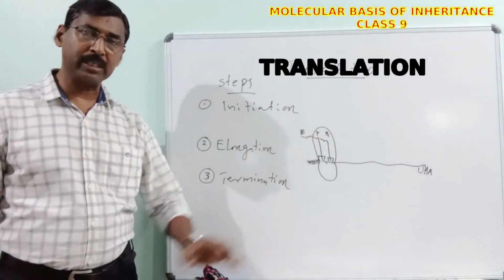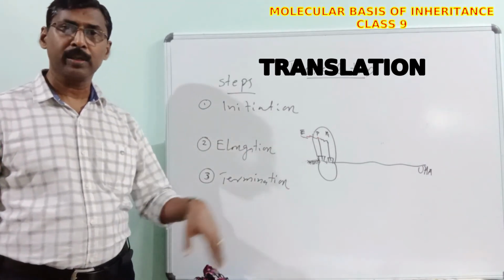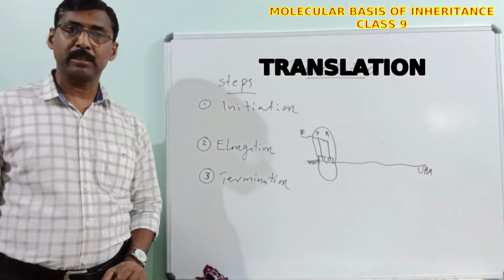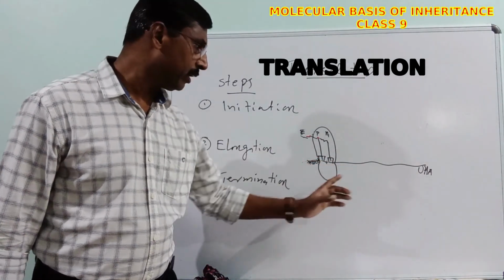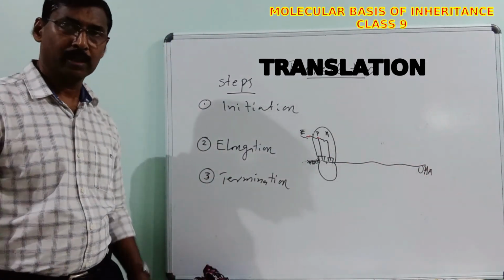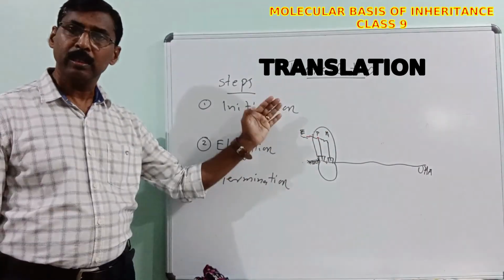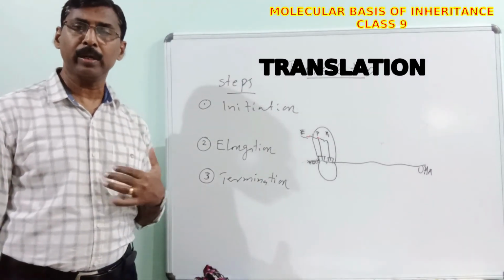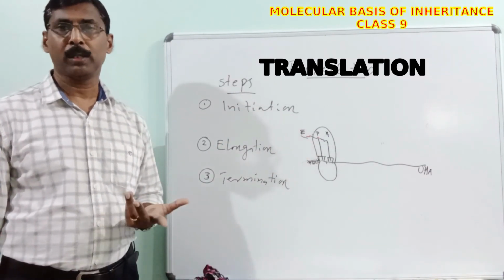And certain termination factors also help for this. Of course, there are initiation factors to initiate the translation, and there are termination factors to terminate it. These termination factors operate only when the ribosome reaches the stop codon. And the polypeptide produced will be released into the cytoplasm for further processing.